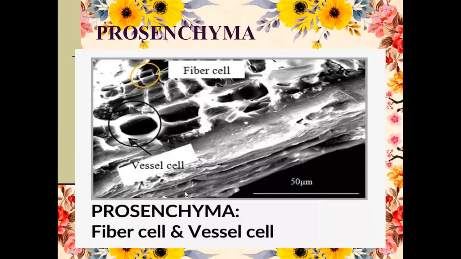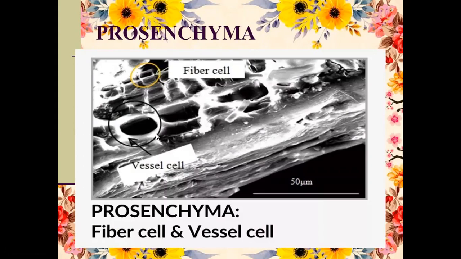But they have different functions based on the presence of chloroplast, water, or food. Here we discuss a special type of parenchyma present in only a few parts of plants, like xylem and phloem. Around the xylem and phloem, some specialized parenchyma tissues are present. They are called prosenchyma.